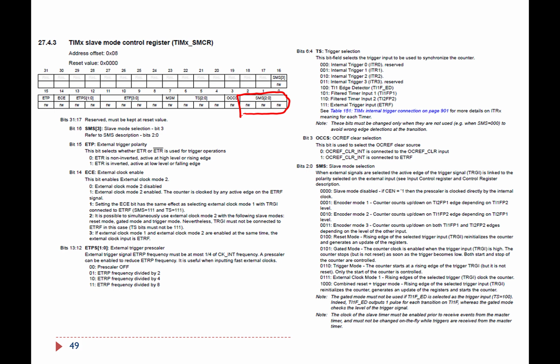And it says SMS slave mode selection, and it says, okay, that's right here. Well, what does it look like we did? We set it as this because they're all ones.